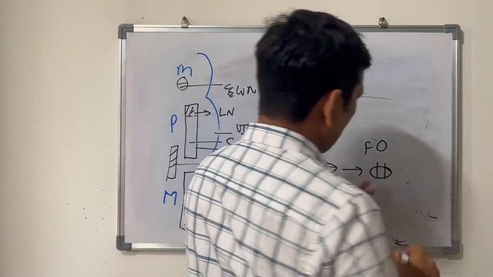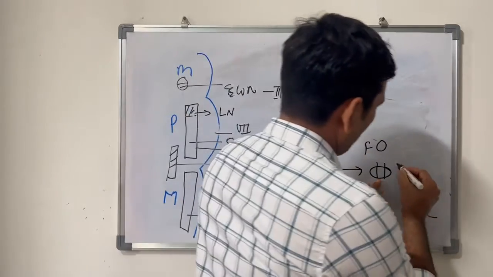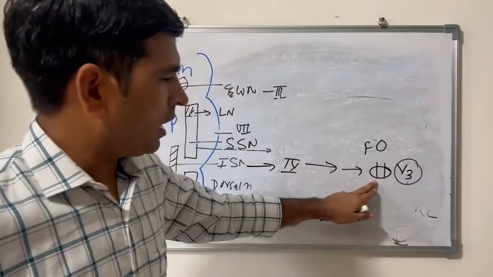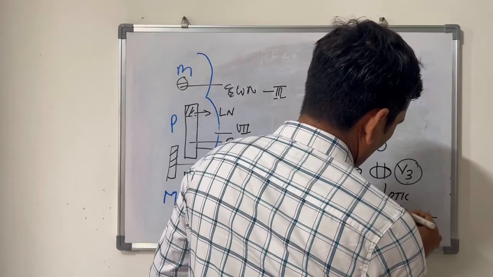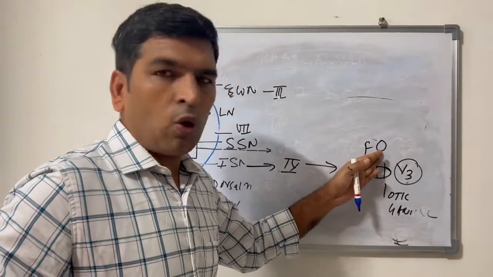This is the foramen ovale, and below this is the V3 nerve. V3 nerve has one ganglia, that is the otic ganglion, in the floor of the base of skull, just below the foramen ovale.